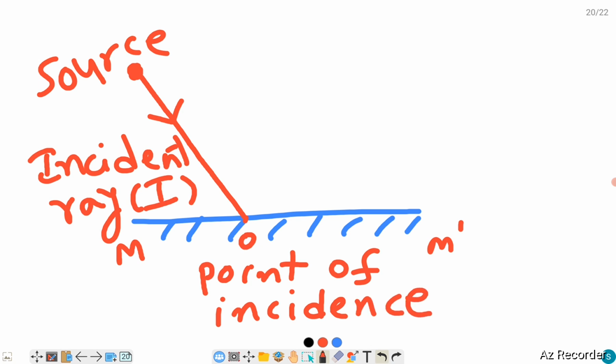So it is touching at one point, that's why that point is said to be point of incidence. Now at that point you have to take a normal. Normal means what? A perpendicular line to the mirror. Between normal and the mirror, the angle will be 90 degree.